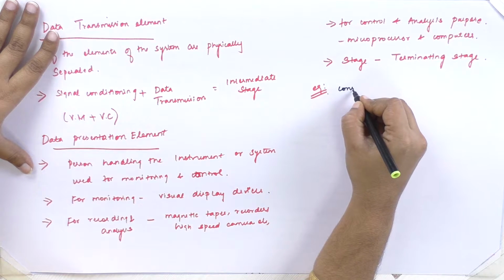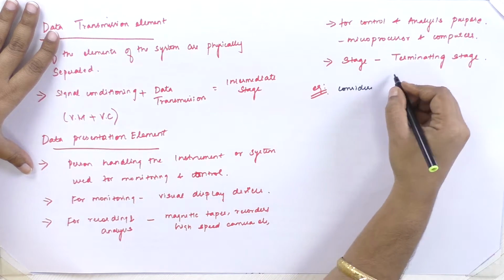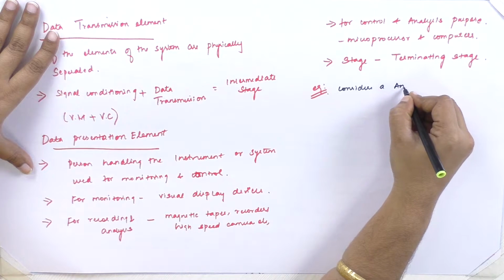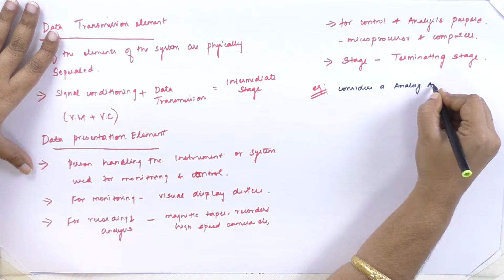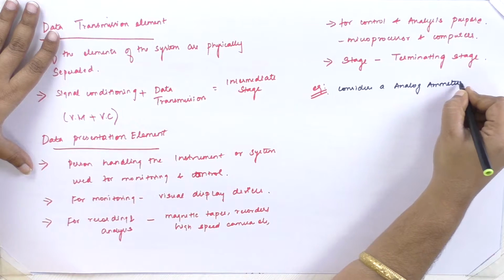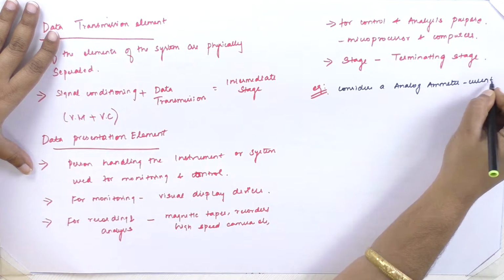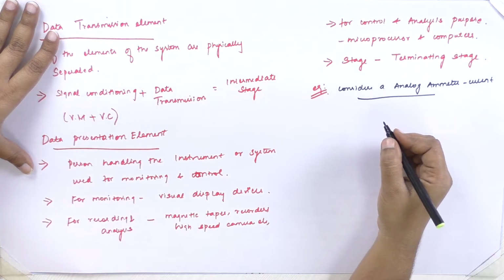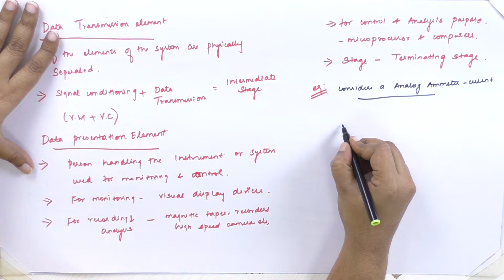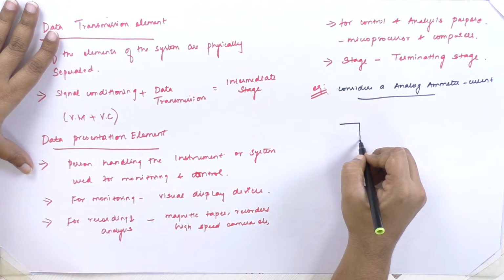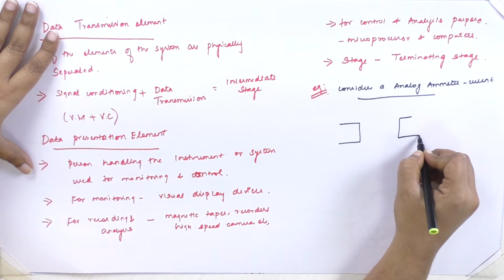Now, I am considering the analog ammeter which is used to measure current. Now, let me explain the working of an analog ammeter. So, the analog ammeter will have a permanent magnet.